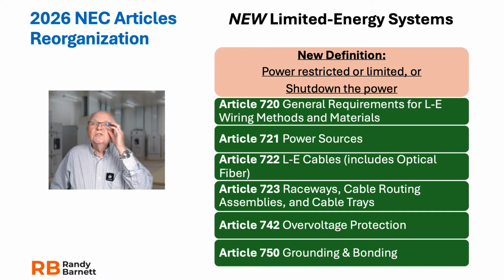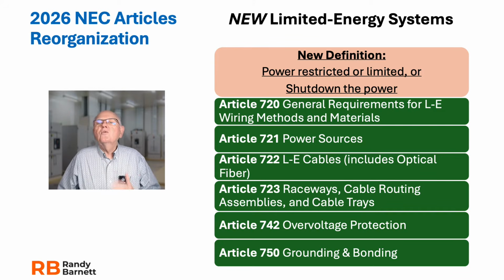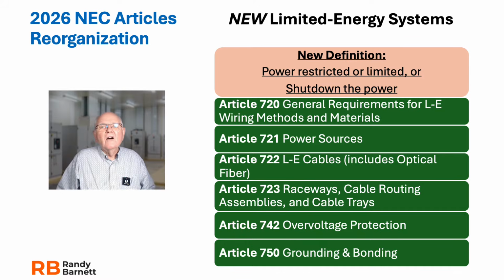So what are these new articles for limited energy? Article 720 is the general requirements for limited energy wiring methods and materials. It very closely parallels the types of information and sections that you would find back in Article 300 for some of our general wiring requirements.